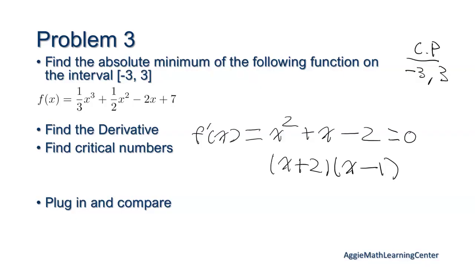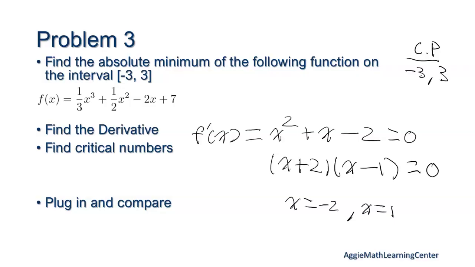And so my critical points are 2 and -1. No, I make that mistake every single time. This still equals 0. My critical points are -2 and +1, because those are the values that make it equal to 0. This is a mistake I see a lot, that I make almost every single time I factor.